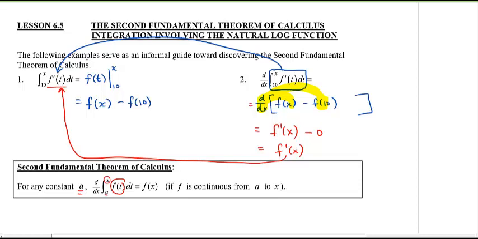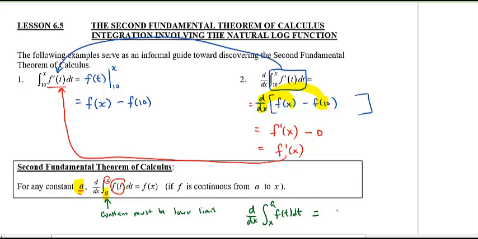Okay? The key that I want you to remember is that the constant here has to be the lower limit. Constant must be lower limit. If it isn't, as a note, if you had something like this, x to a of f of t dt, you could have done the same process. What you would have found is you would have got the negative of the answer.